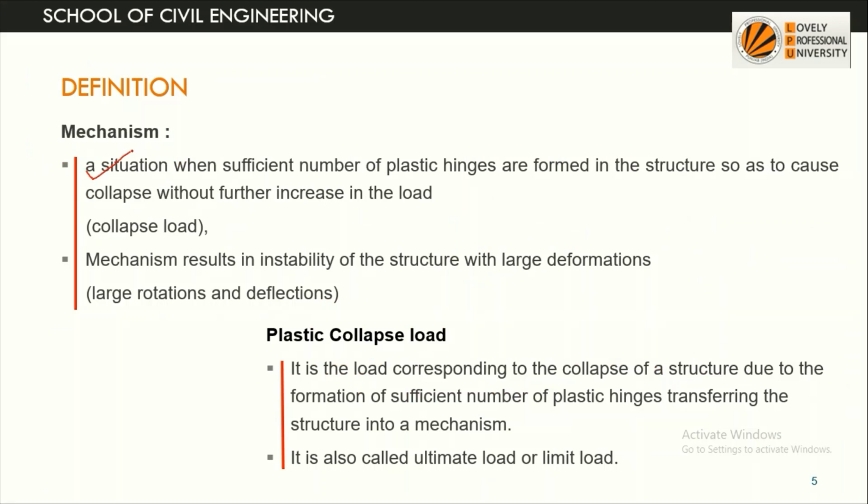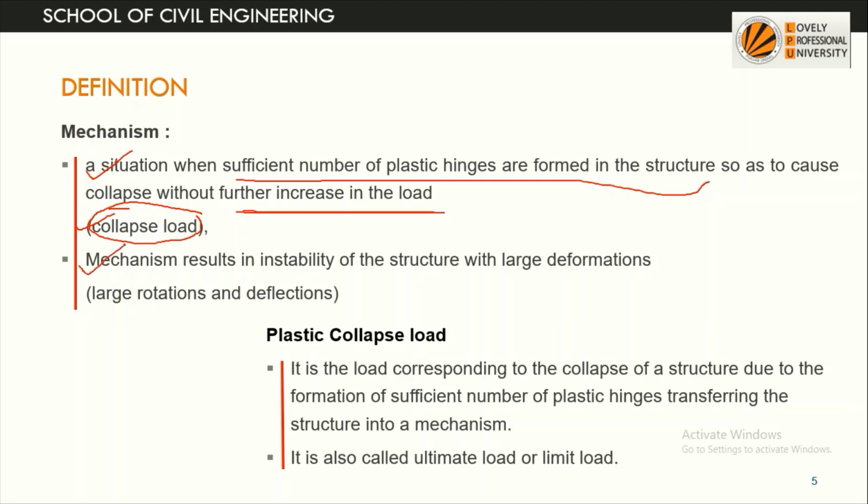So mechanism is a situation when a sufficient number of plastic hinges are formed in a structure so as to cause collapse without any further increase in the load. So we are not increasing the load, but still collapse will take place at this load.